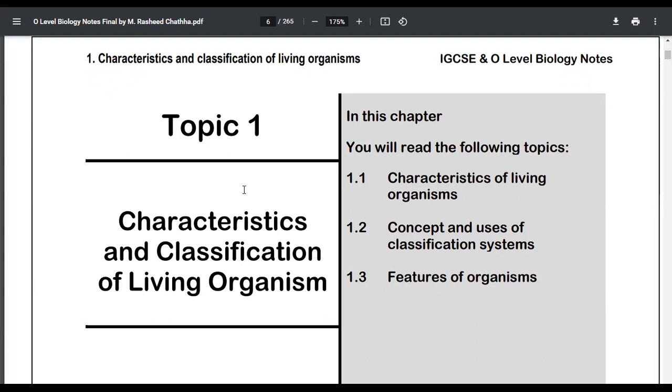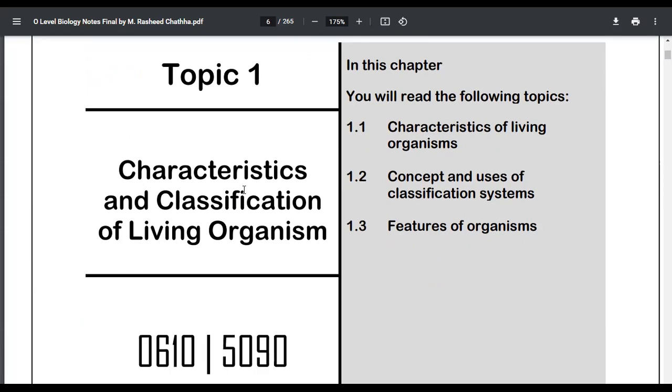So dear students, what are the characteristics of life? Like movement, respiration, sensitivity, growth, reproduction, excretion, etc. All these are the characteristics of living organisms.